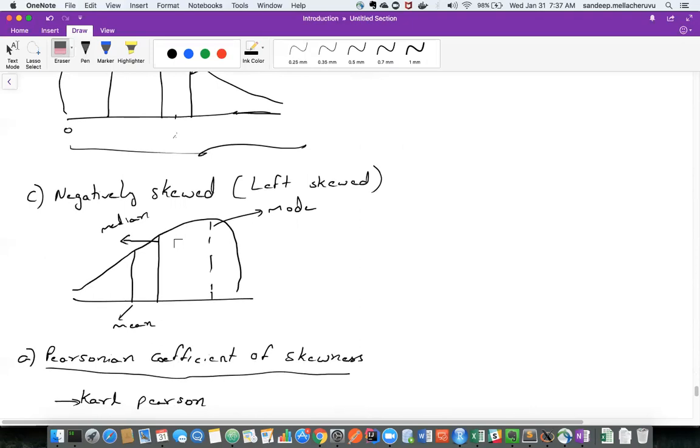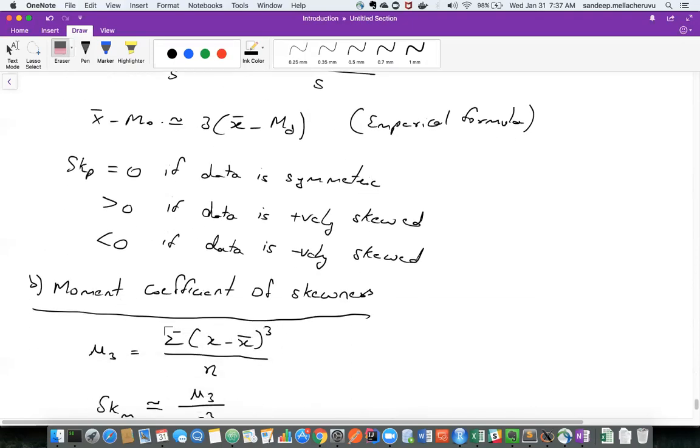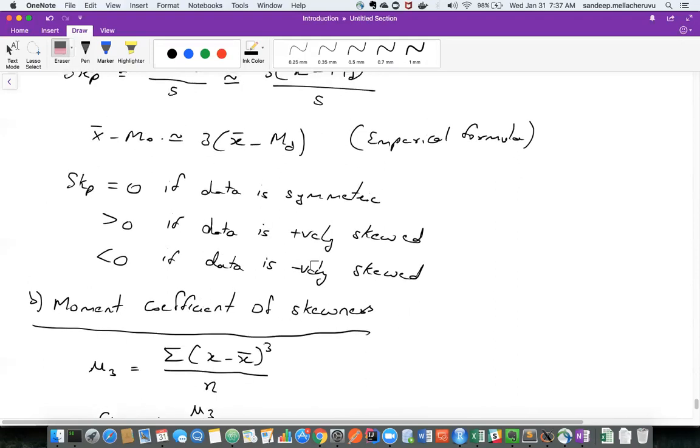I need the sign also: positively skewed, negatively skewed. If it is negatively skewed and you're cubing it, the sign is going to stay as is. Squaring it gives a positive. Data points on the negative side of the skew, if there are too many of them, are going to stay negative, and you're going to sum up all of them.